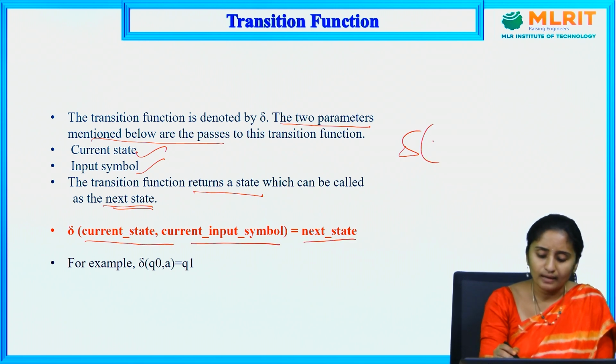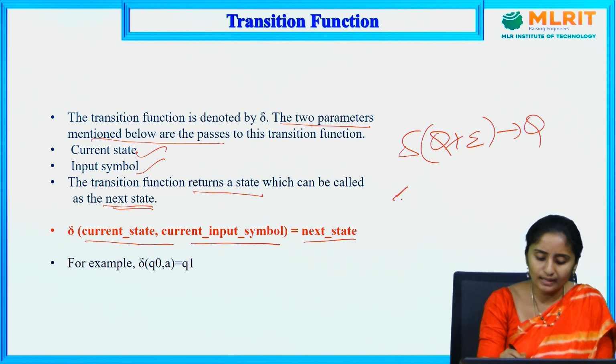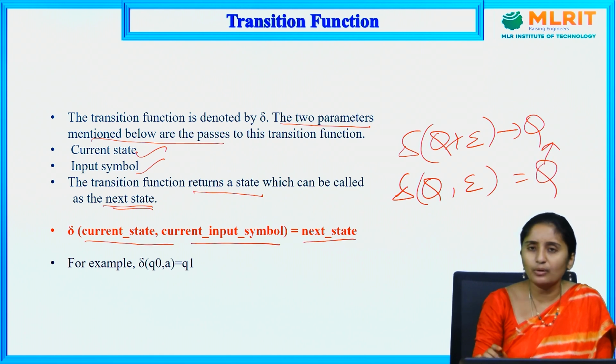Same thing, delta of current state, Q cross sigma tends to Q, which we have written. The same thing we are writing here as delta of Q comma sigma equal to Q. Q holds the number of states. That's why we are writing Q here. So for each and every state, for all the input symbols, we check whether it stays in the same state or moves to the next state. That is the transition function.